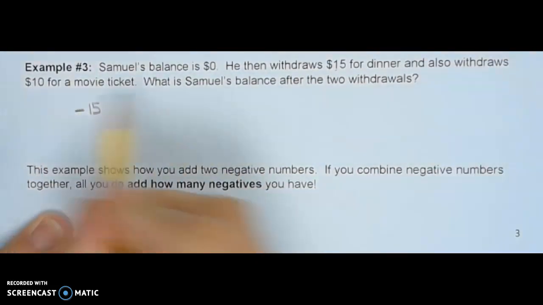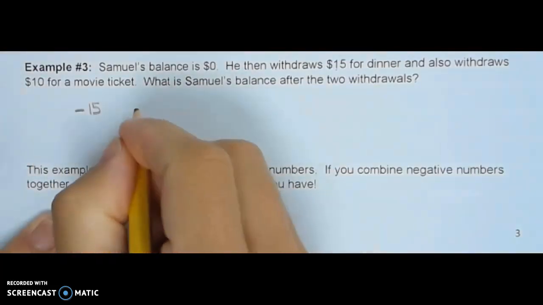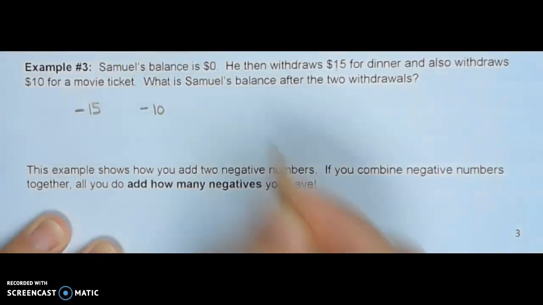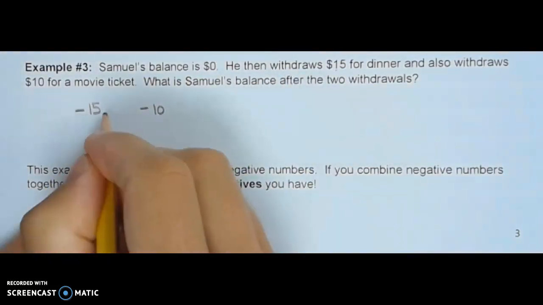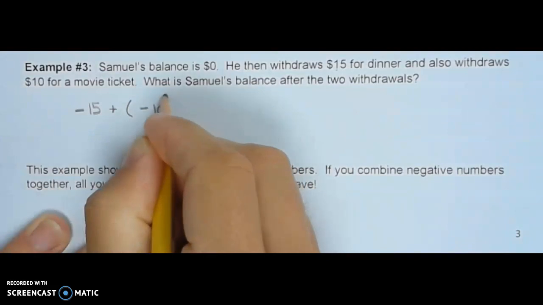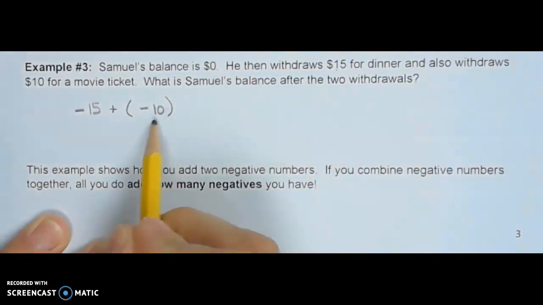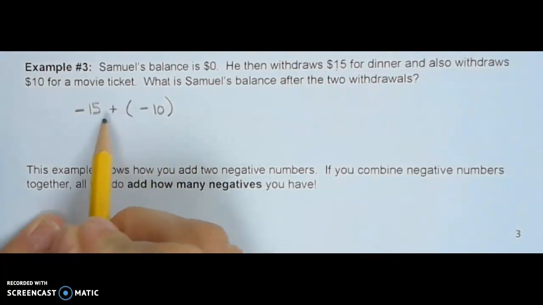And then he withdraws $10 for a movie ticket, which is going to be represented by a -10. To figure out what his balance is going to be, we're going to add these two numbers together. I like to put the second negative in parentheses here so you don't confuse it with a subtraction.